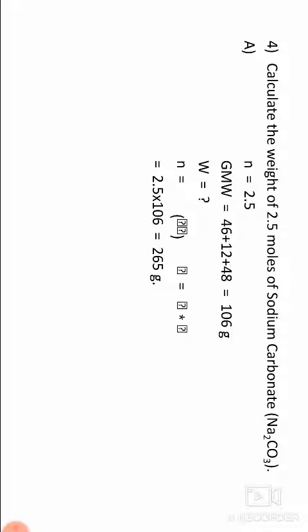For volumetric analysis or laboratory use, the molarity relation is M1 V1 divided by n1 equals M2 V2 divided by n2.